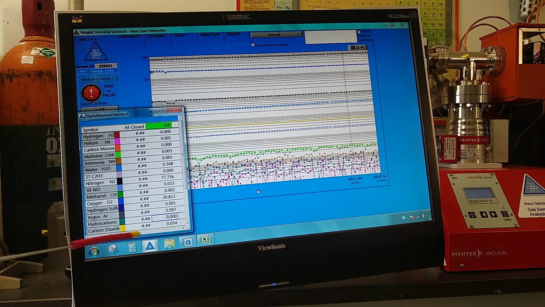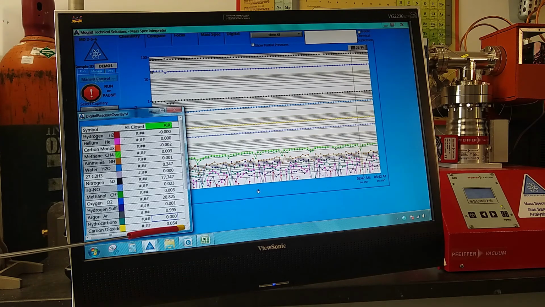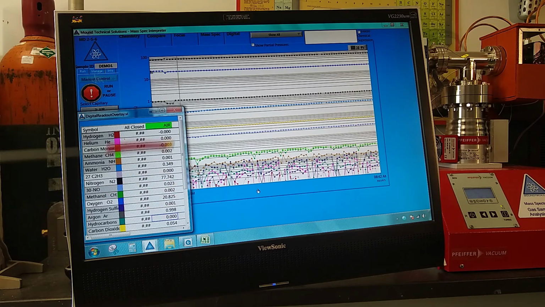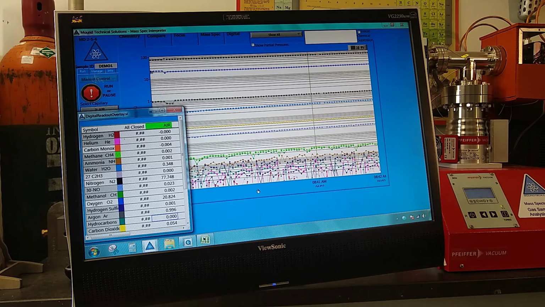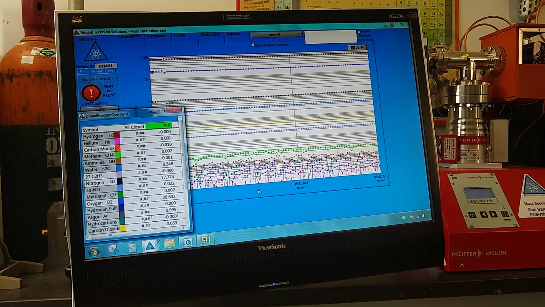And so we can see that the carbon dioxide level in here is down at 540 parts per million. The last digit after the decimal place, the third digit out, is 10 parts per million. So that's just how sensitive we're looking. We're going from 10 parts per million up to full percentages of gases.